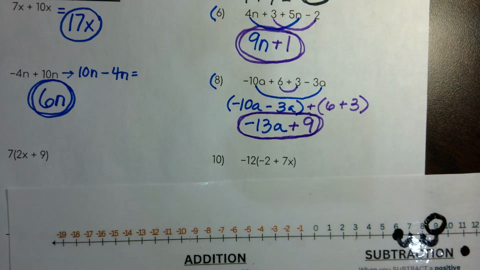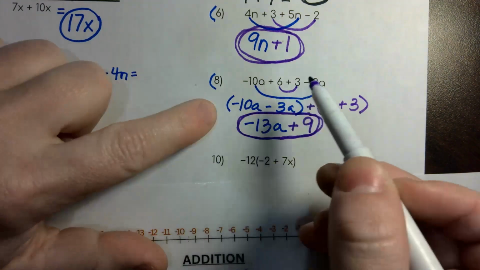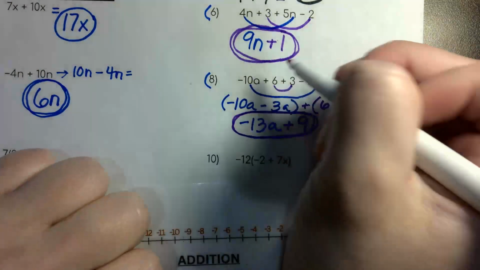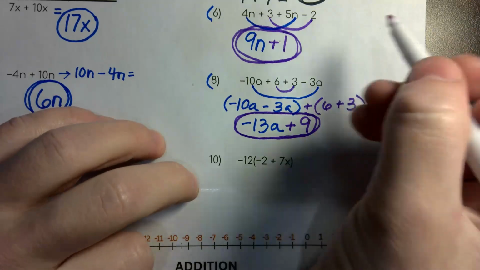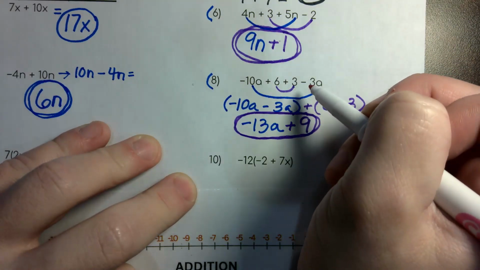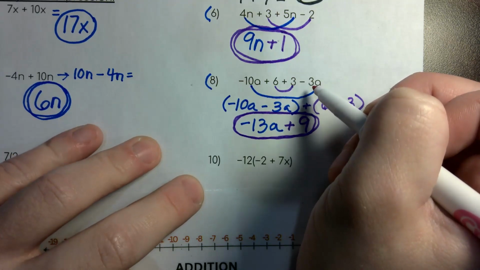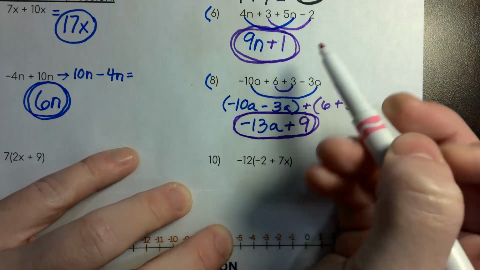I would just remember that whatever you're looking at, these terms here, let me use a different color. On my paper, I have negative 10a plus 3a plus 9. Okay, so where'd you get a plus 3a? Because, I don't know, that was the next symbol after negative 10a. Okay, so let's look at this.